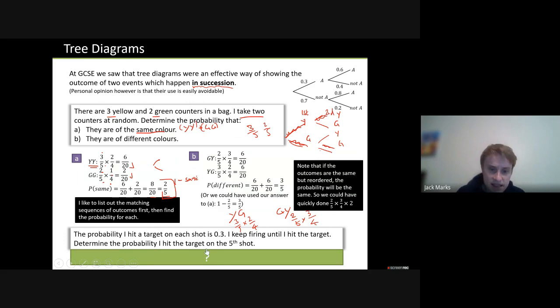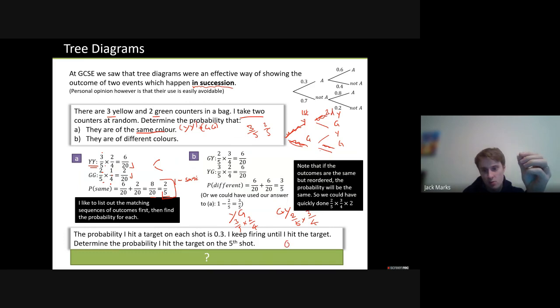The probability I hit a target on each shot is 0.3. I keep firing until I hit the target. So if you hit the target, you stop. What's the probability you hit it on your fifth shot? You will hit it on your fifth shot if you don't hit, don't hit, don't hit, don't hit, hit. The probability you hit is 0.3. The probability that you don't hit is everything else, is 0.7.